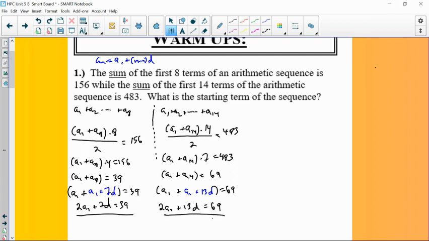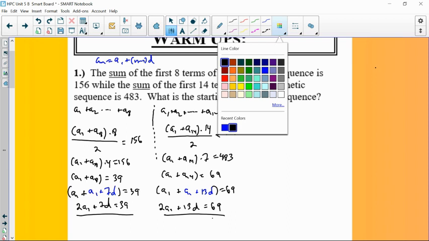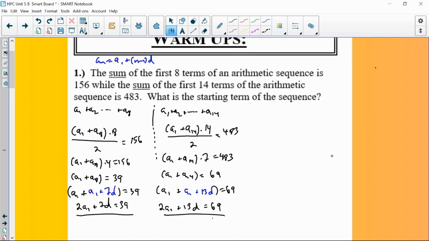That equation and the first equation can now be solved simultaneously. Since 13 is bigger than 7, I'm going to put that one on top. So 2a1 plus 13 of the differences, and then 2a1 plus 7 of the differences.